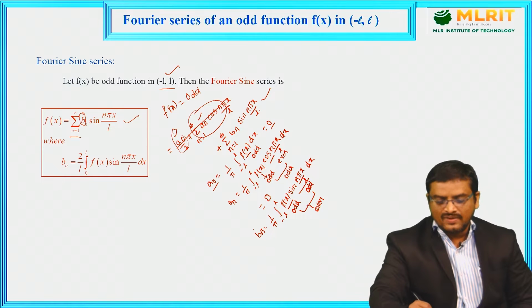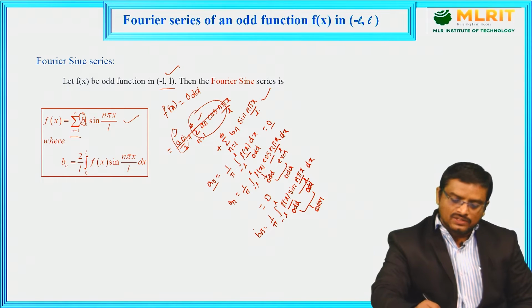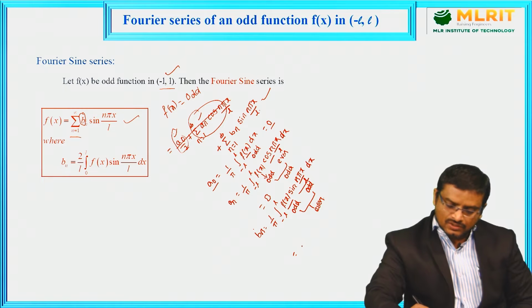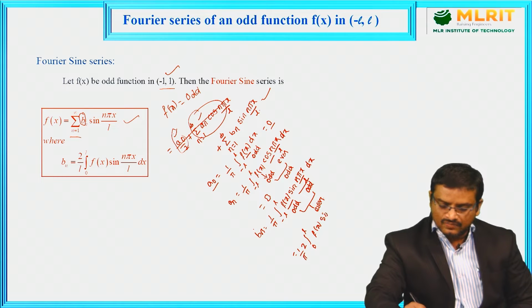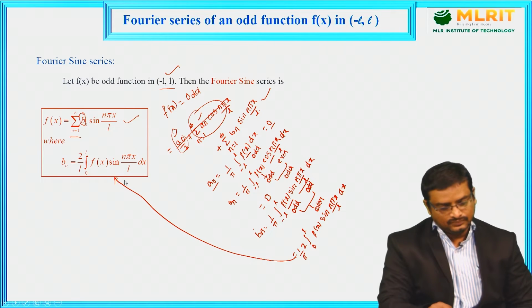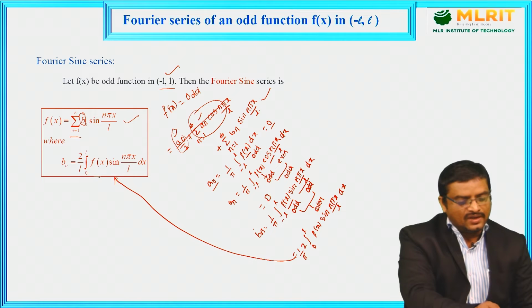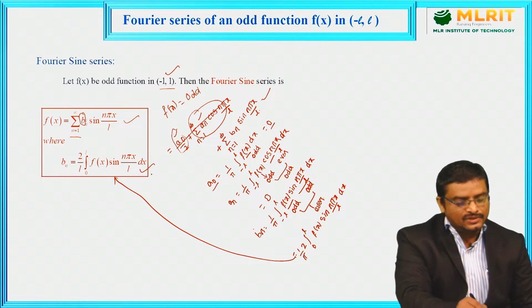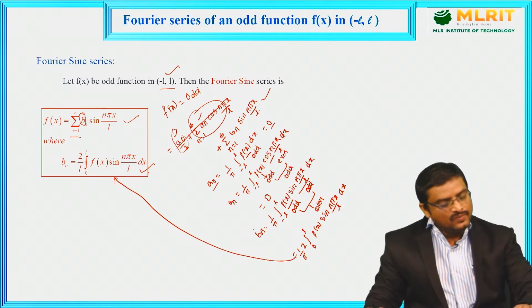Whenever we have an even function between the limits minus L to L, this can be written as 2 into integral 0 to L of the same function. That's why we have taken bn is equal to 2 by L integral 0 to L f of x into sin n pi x by L into dx. Now by using this bn formula, we will find the value of bn.